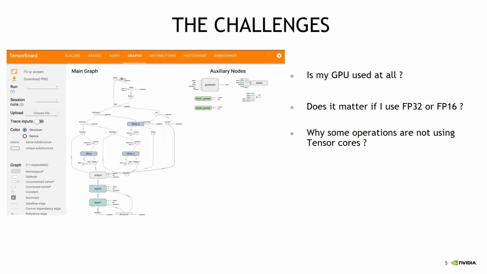It just does not give you information about GPU utilization at all. It doesn't tell you whether there's a difference between using the data type floating point 32 versus floating point 16 at a layer-wise level. It doesn't tell you why some of your operations are not using Tensor Cores, which allow you access to GPUs.